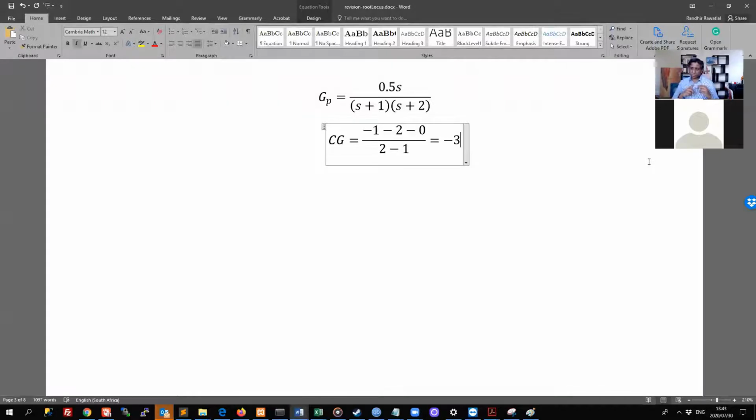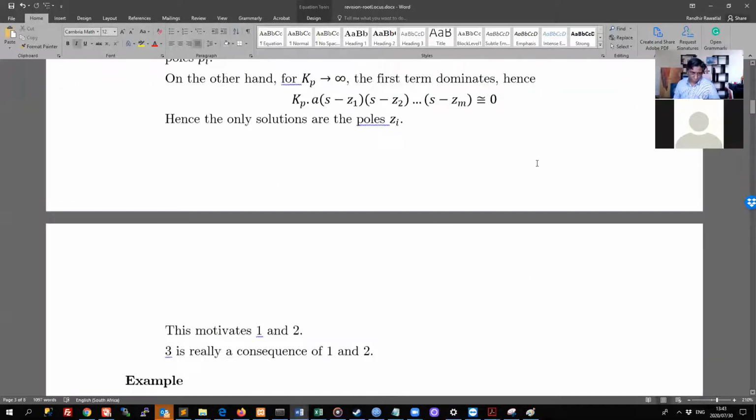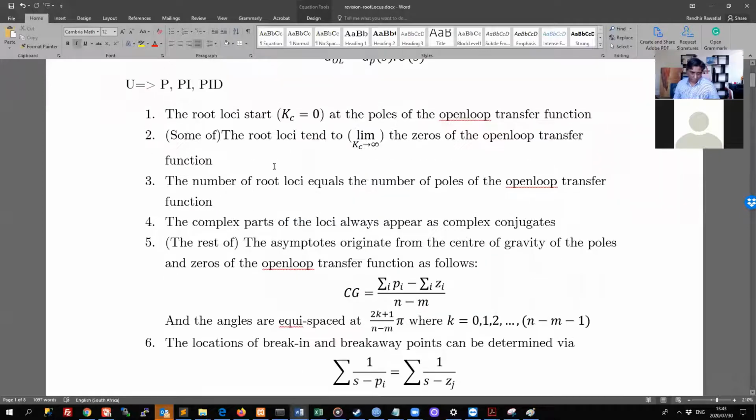And then we need to know how the asymptotes look around that -3. So we need the angle as well. For the angle, we have this formula.